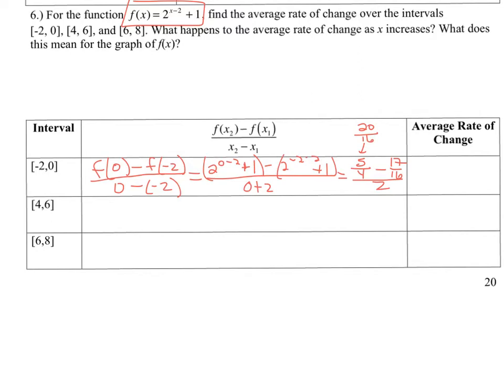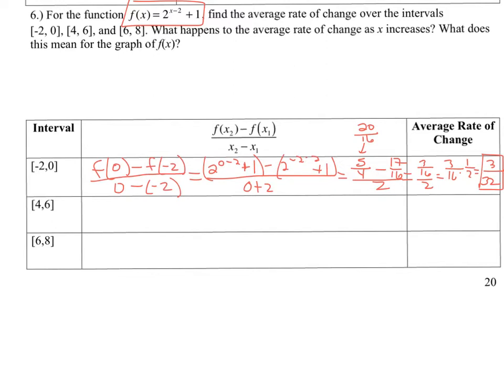So 20/16 take away 17/16 gives us 3/16 divided by 2, which is the same as 3/16 times 1/2. So we get 3/32. So our average rate of change for that domain interval is 3/32.